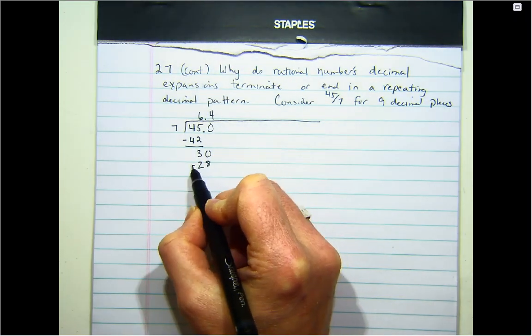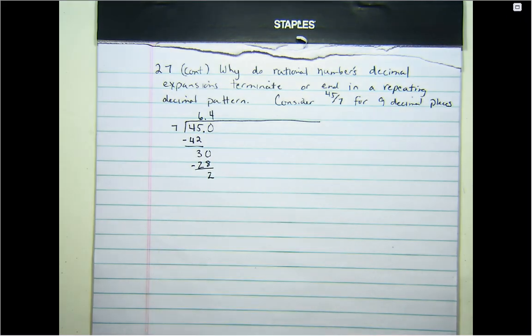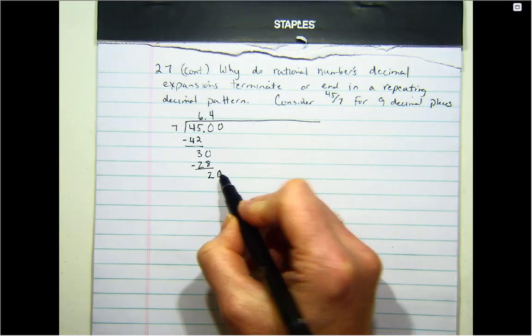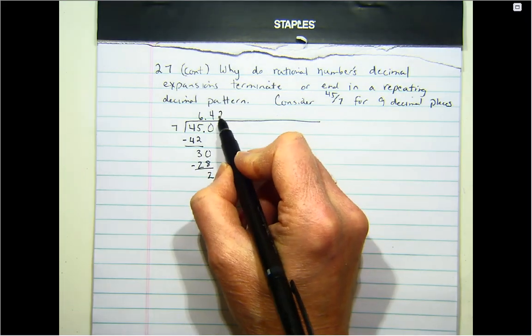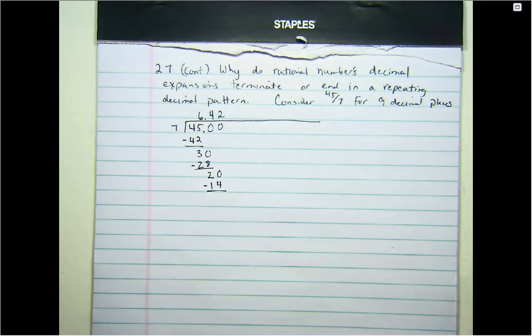So write down 28 and subtract. 30 minus 28 is 2. So we'll bring down another 0. 7 goes into 20 2 times. 2 times 7 is 14. So we can go ahead and subtract. 20 minus 14 is 6.